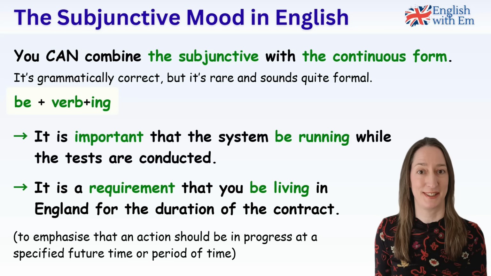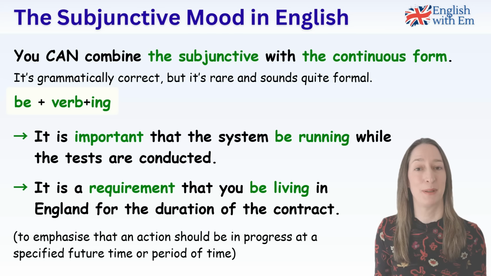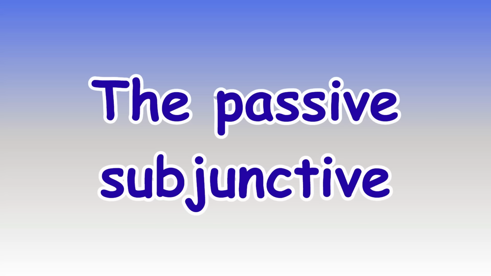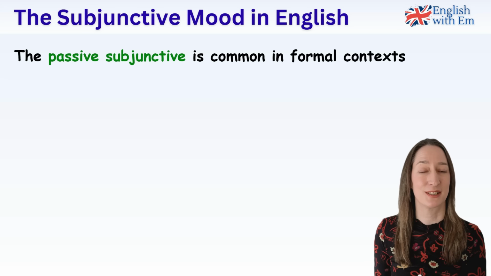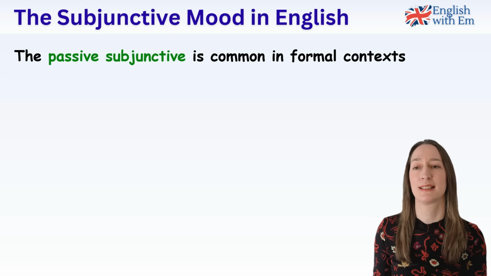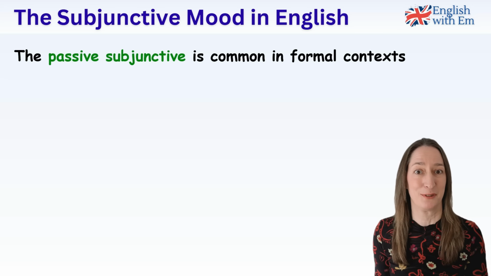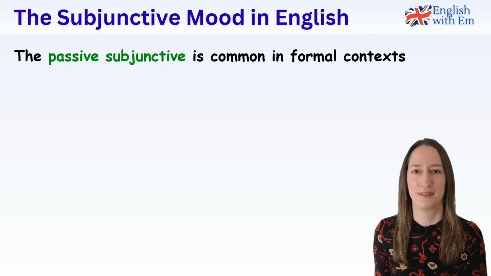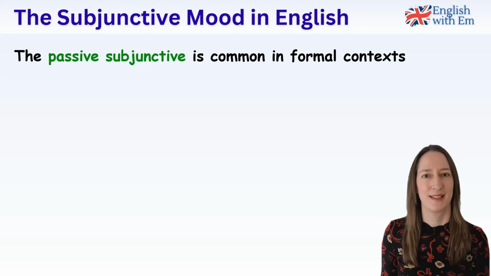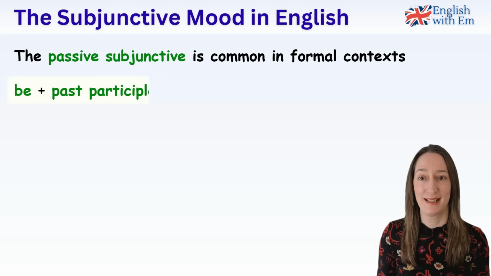Now, one structure that is very common is the passive subjunctive. The passive subjunctive is common in formal contexts because the subjunctive is formal and passive voice is also formal. So it's sort of a marriage made in heaven. It is formed with be and the past participle.